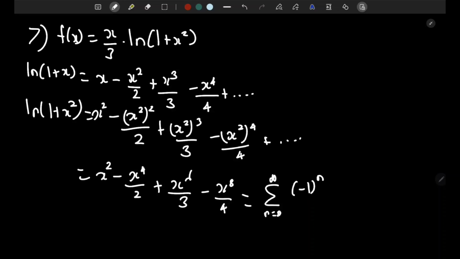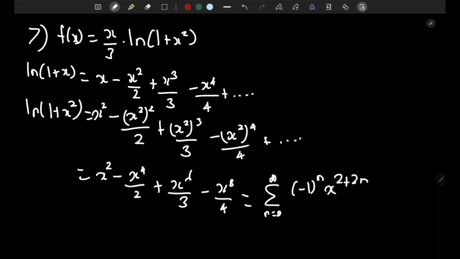The next thing we notice is how to write the formula for the power of x. The first term is x squared, so you need to have a 2 anyway, and every time we increase n, it is becoming plus 2, plus 2, plus 2, so it should be 2 plus 2n.